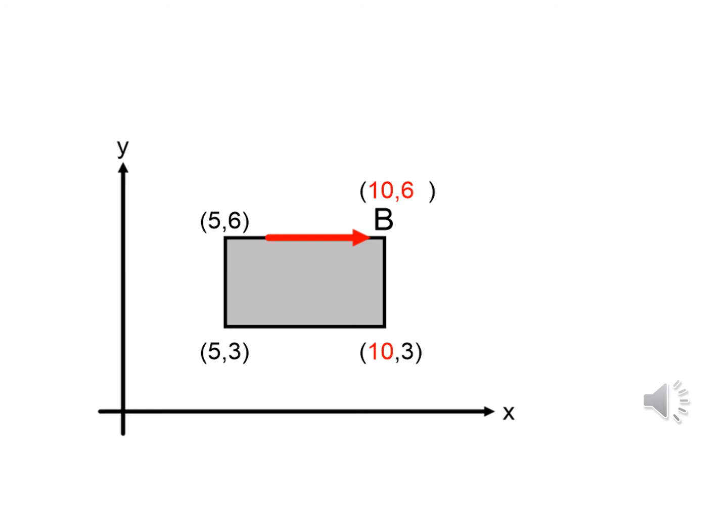Because the shape's a rectangle, we also know that the point to the left of B, that's got the coordinates of 5, 6, must also be on the same line as B, because it's a rectangle and the two sets of lines are parallel to each other and the angles are all right angles. So B must be on the same part of the y-axis as the point 5, 6.